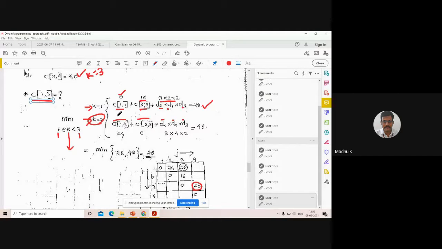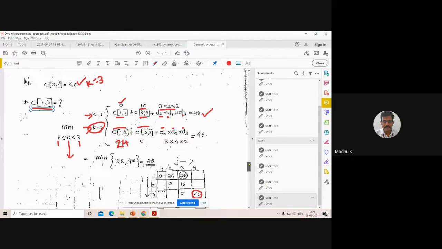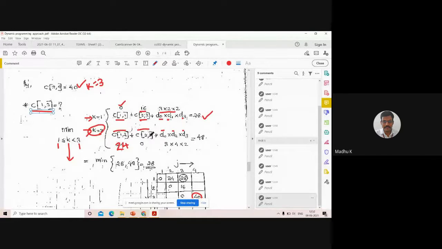And this is C of 2 2, so its value is 0. Sorry, this is 2 2. C of 2 2 is 0. Then solving, we will get 48.